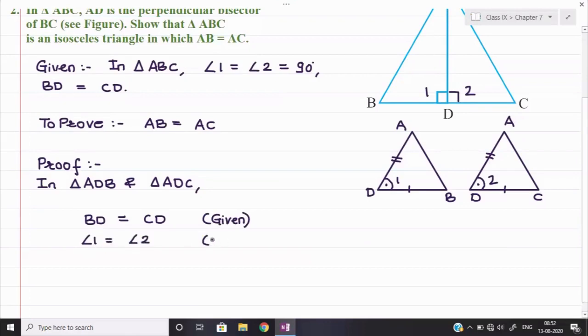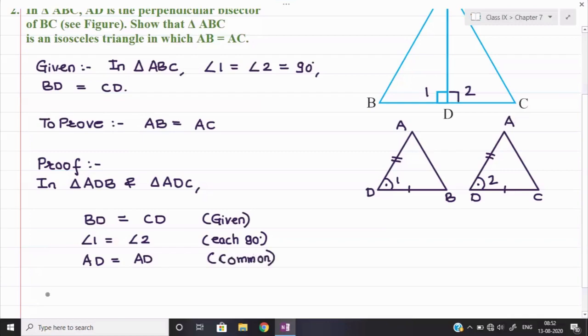Either you can write down given, or if you want to differentiate, then you can write this in a more proper manner, each 90 degrees. Third one you can mention here as AD is equal to AD. Sorry, that is common, so here we can mention the reason as common.